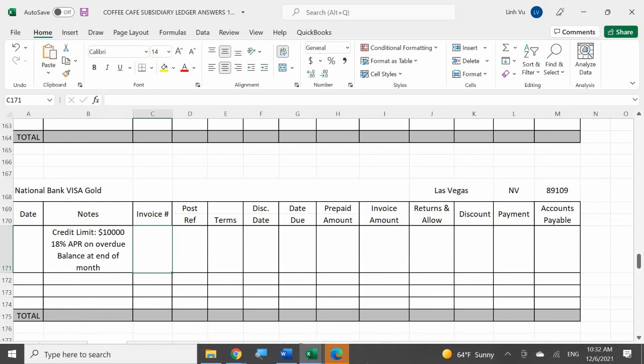We haven't received a bill yet, but we at least know it is going to be due on the 10th of every month. So another date-driven type of term. It's due on the 10th of every single month.